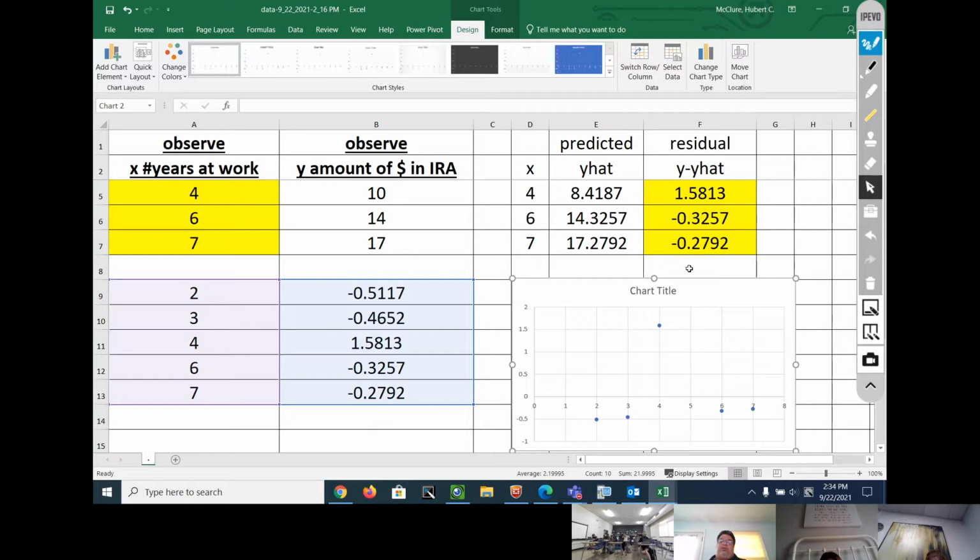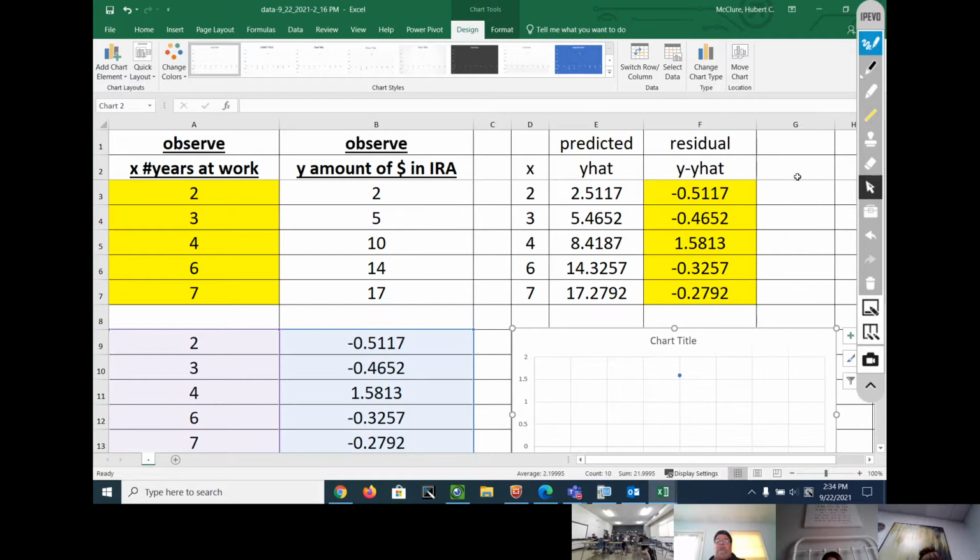Sometimes they will ask you to square the residual and add them up. Again, do I agree with that? No. But I'm just telling you what the homework says.